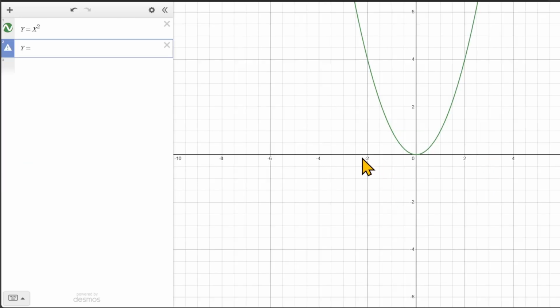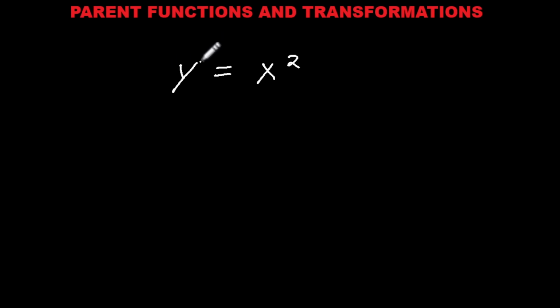We've done a reflection across the x-axis, and we saw that the graph went upside down. But think about this for a second. If I was to reflect across the y-axis, flipping these 2 points left to right, what I would get is the exact same graph. And here's why. Starting with y equals x squared, let's put f of x equals x squared.